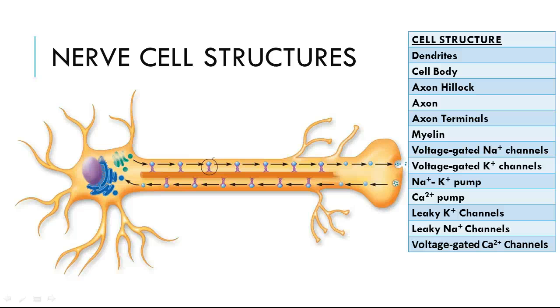What are some functions of the dendrites? They could receive, for example, neurotransmitter from other nerves. What else could they receive? What else could our nerve cells receive?